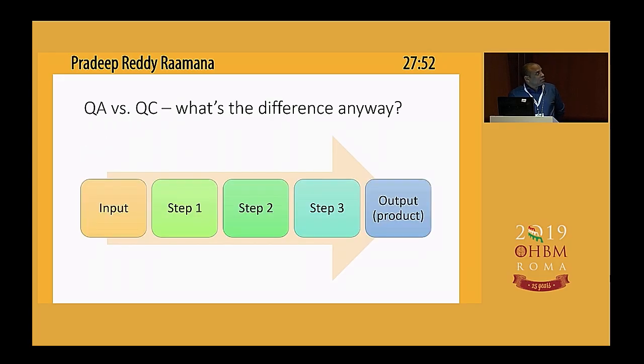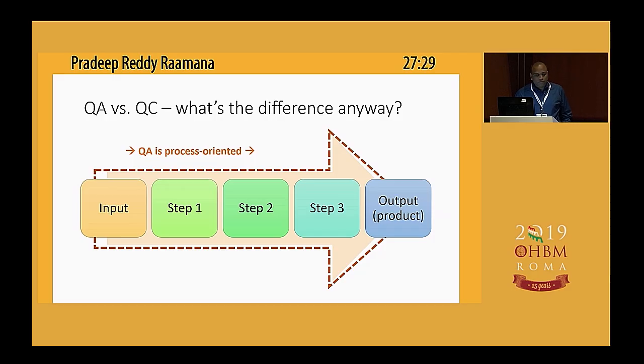A subtle point that's often missed in this discussion is the difference between quality assurance and quality control. Given a multi-step pipeline that looks like this, starting with some neuroimaging input data that ends up with some output, QA is quite often process oriented.